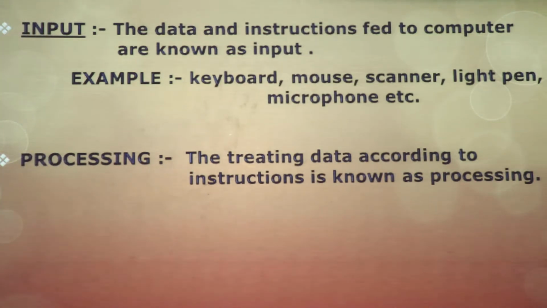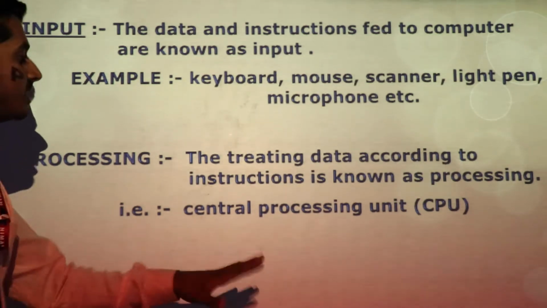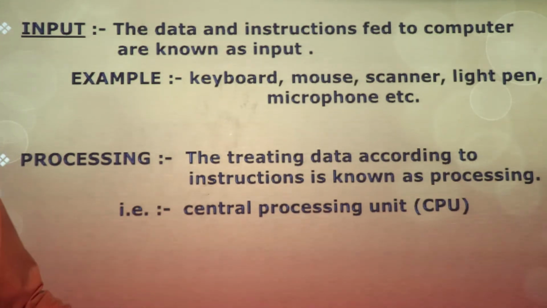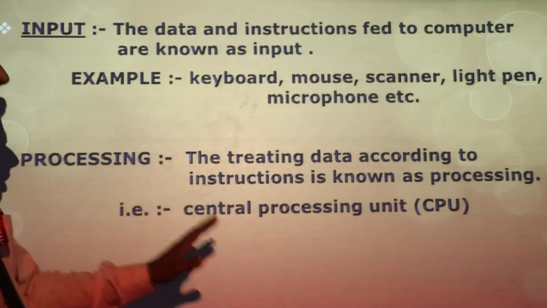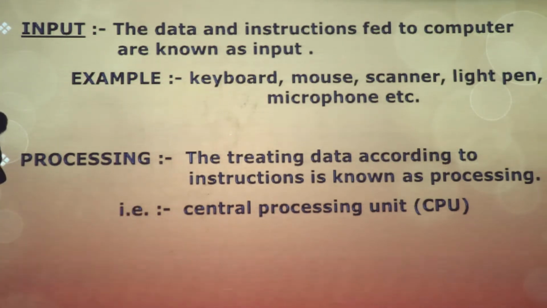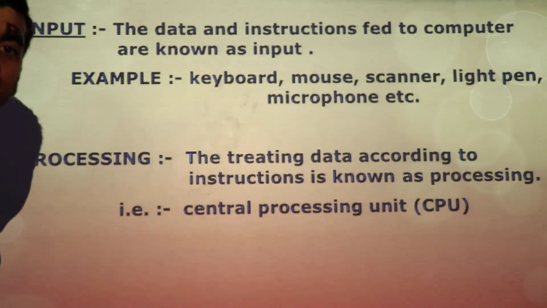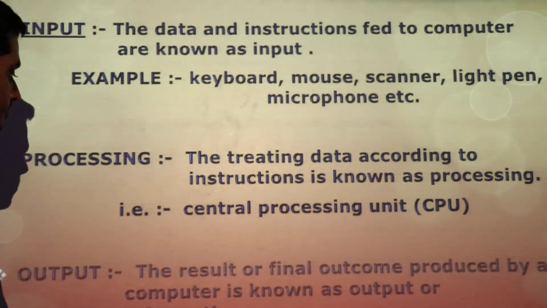So processing is the treating of our data or questions. That is only done by the CPU, the Central Processing Unit. This is the main processor of the computer. This is known as the central processing unit, in short form, the CPU.